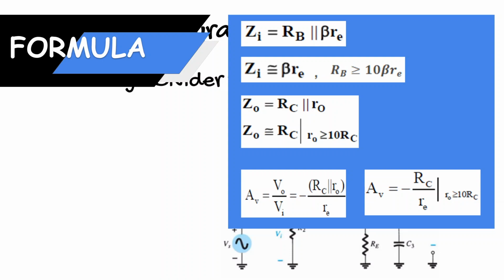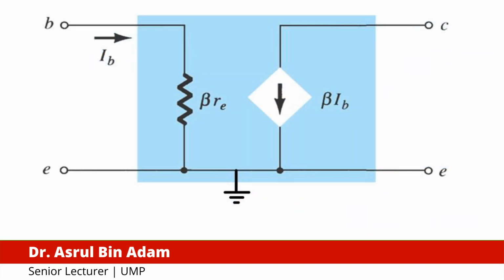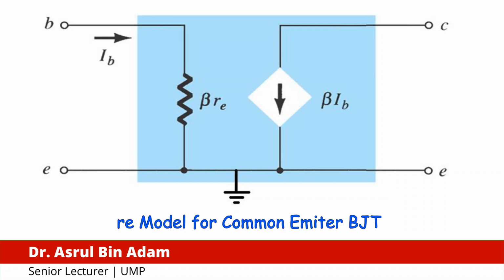Okay, class, let's continue on our topic. Before we go further, we will recall again the re model for common emitter BJT. Why do we call this re model common emitter?